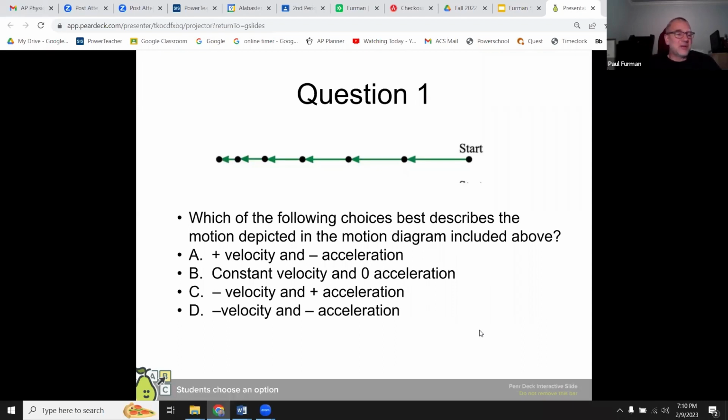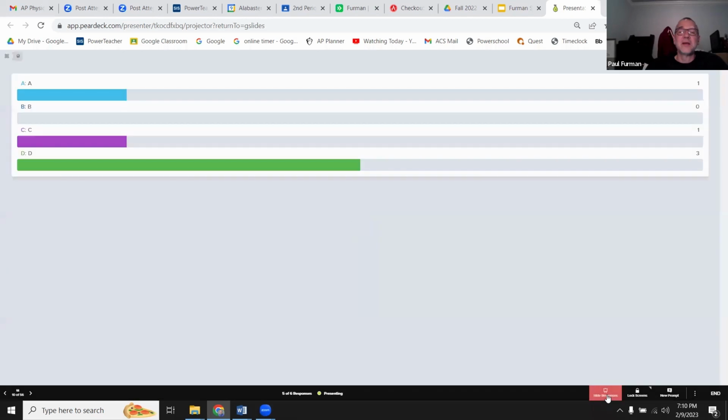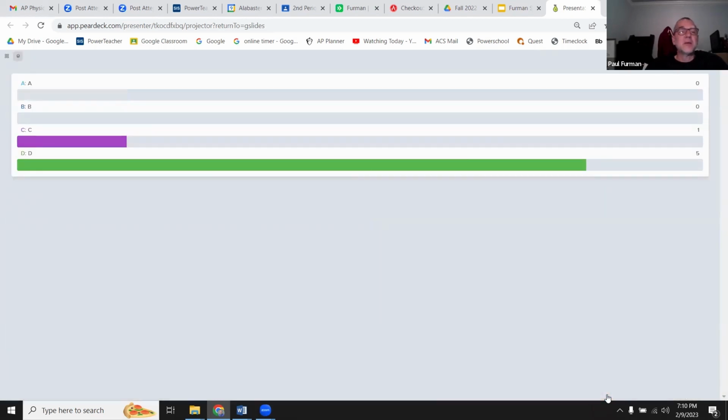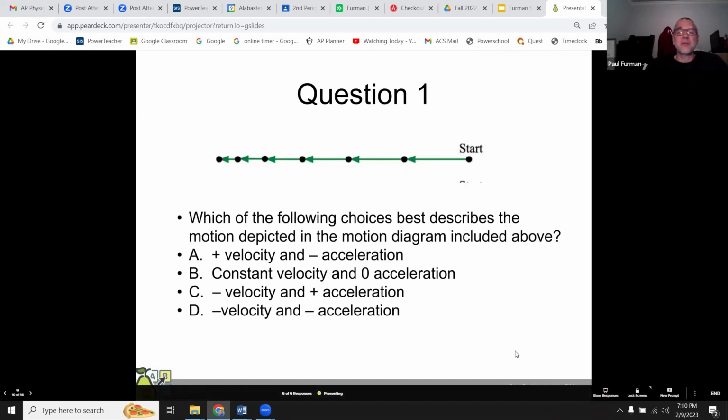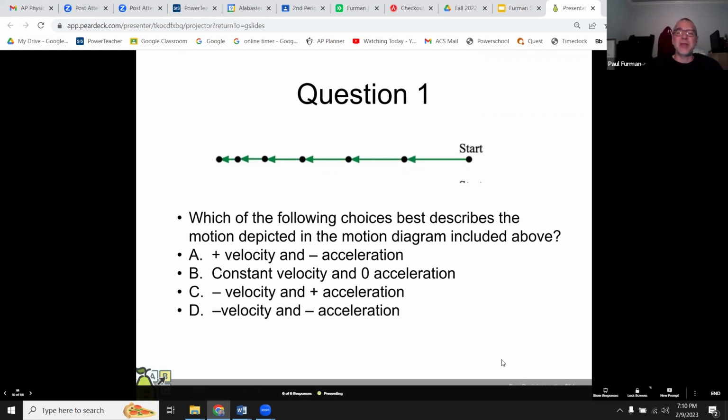That should tell you something about the acceleration. I have a few C's. Most of you have answered D. D is a common answer. The correct answer on this one is actually C.